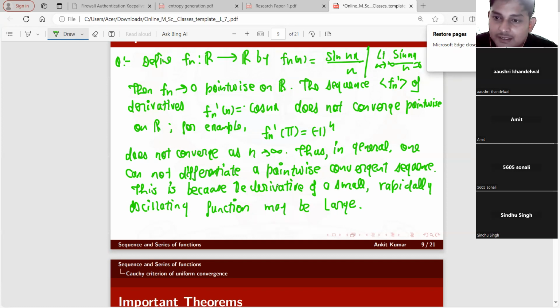If there is a statement about whether the pointwise limit of the derivative of the function is convergent or not, you give the counter example and cut out that option from the question. So always learn the counter examples of the important chapters. Make a list of the counter examples. This is very useful for your upcoming examination as well as your semester examinations.